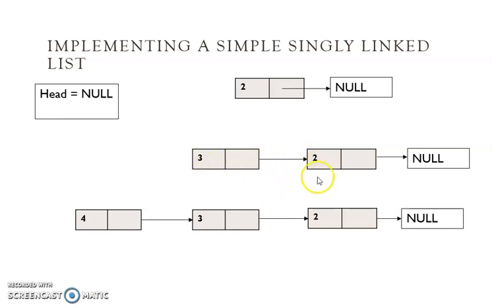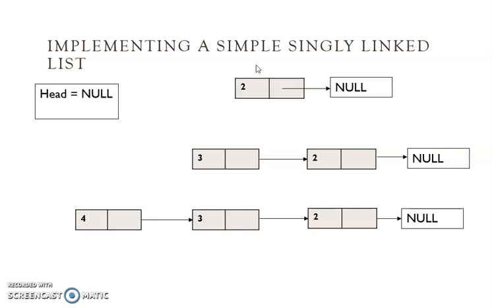Now 3 is pointing to 2, and the data value 3 is stored plus the pointer. When I insert another node, 4, it will point to the current existing node, 3, and again hold the data value as well as the pointer to the next node. So this is how we implement a singly linked list using insertion at the beginning.